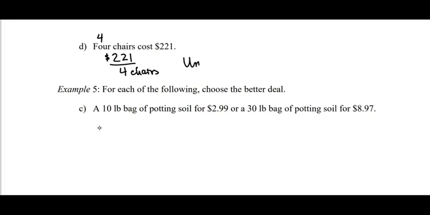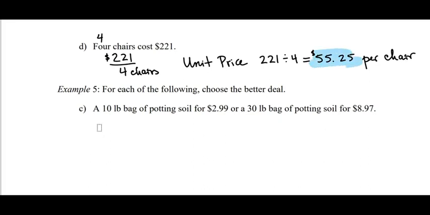So the unit price is 221 divided by 4. You have $55.25 per chair. That's the unit price. You really don't need to write per chair because you already know that 1 chair costs $55.25.